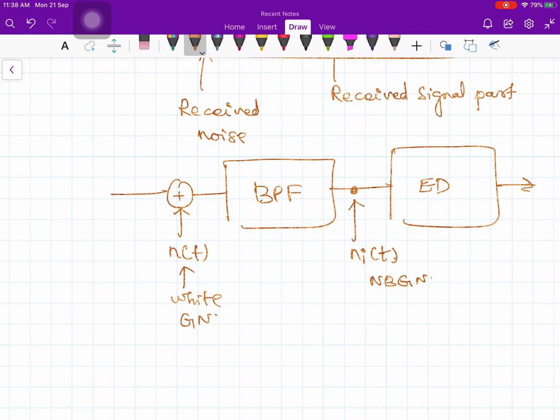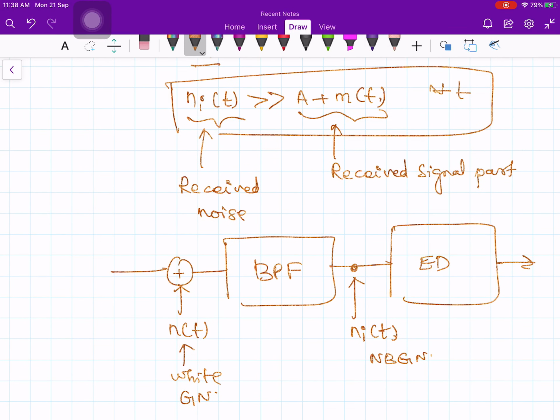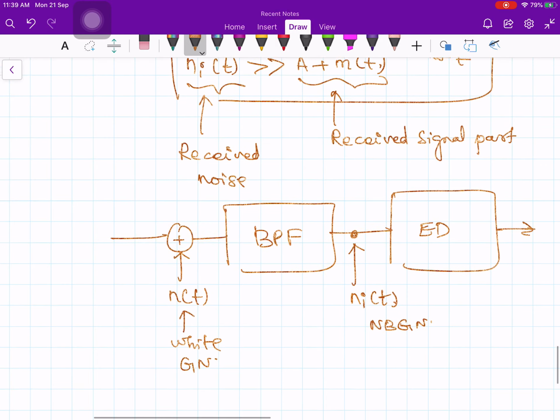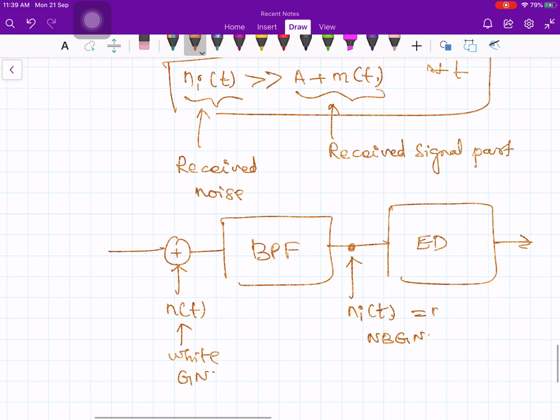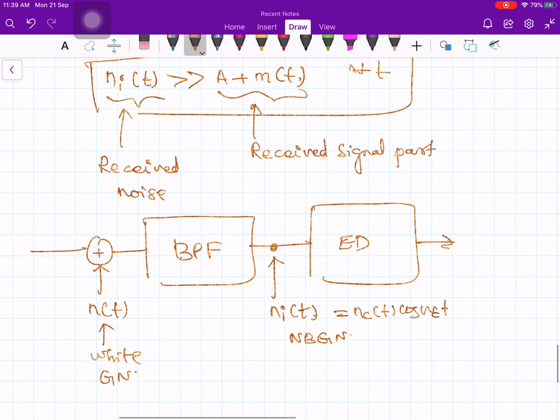Now our assumption is the received signal is much weaker than the noise, which essentially implies that Ni of t is much greater than A plus M of t. This Ni of t contains Nc of t cos omega ct plus Ns of t sin omega ct in terms of quadrature representation.